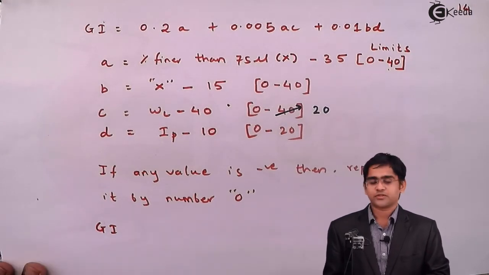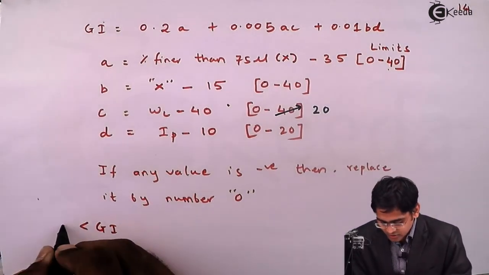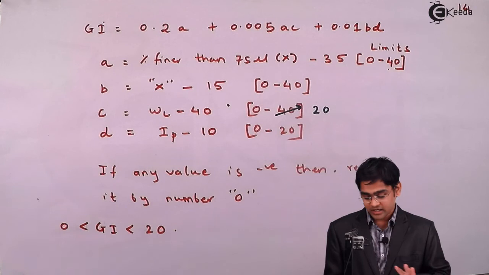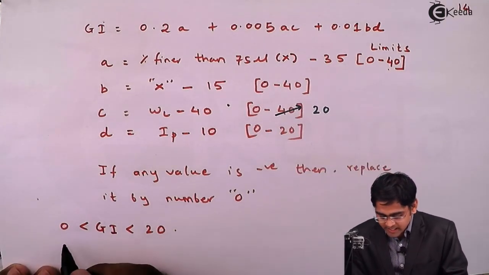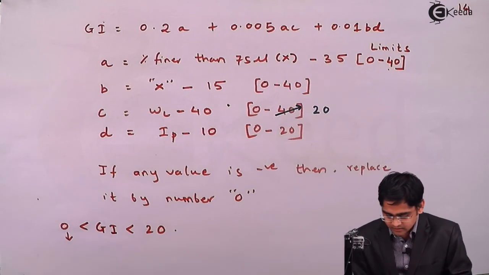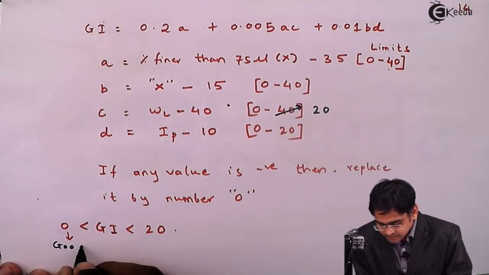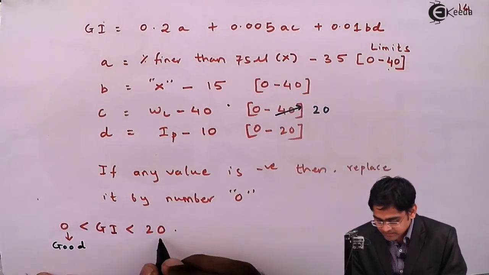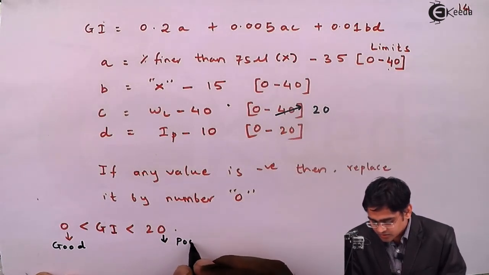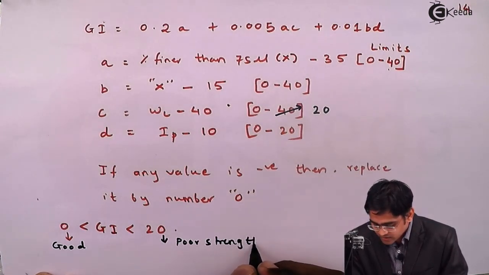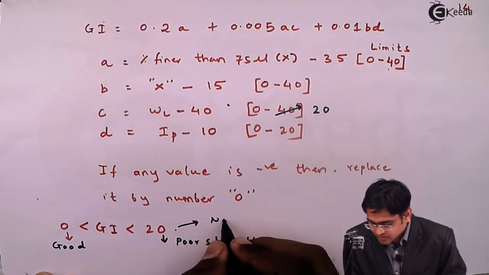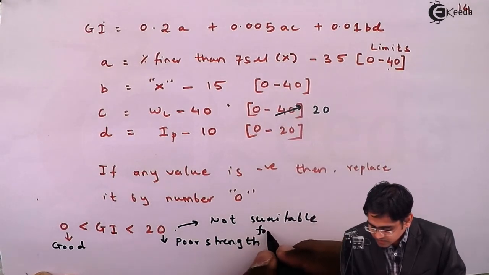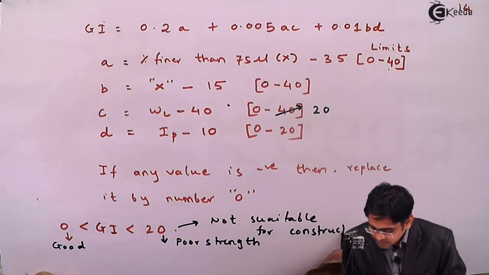The group index of a soil for most soils lies in the range of 0 to 20, and it is a dimensionless number, so it doesn't have any unit. A group index equal to 0 indicates good strength, or it may be considered good as a construction material, and a group index equal to 40 has poor strength, or you may call it not suitable for construction purposes.